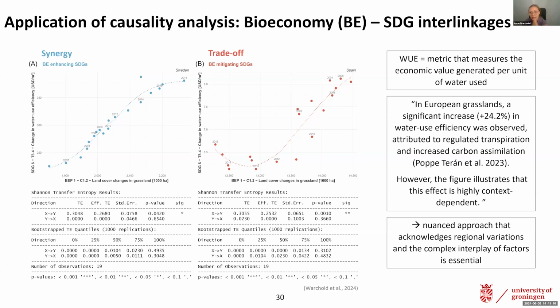One could say that the bioeconomy is enhancing SDGs, or the bioeconomy is mitigating SDGs. So it's just a basic introduction to the topic of causality analysis. There are certain calculations or statistical methods out there that are able to detect the direction of interactions, moving beyond the correlation.